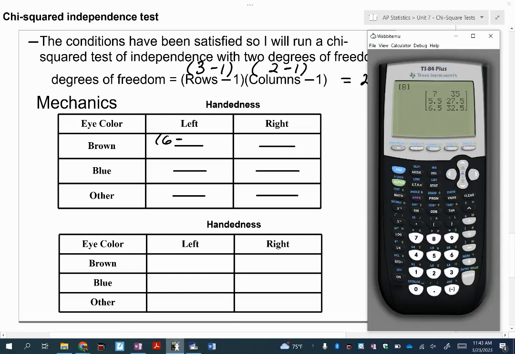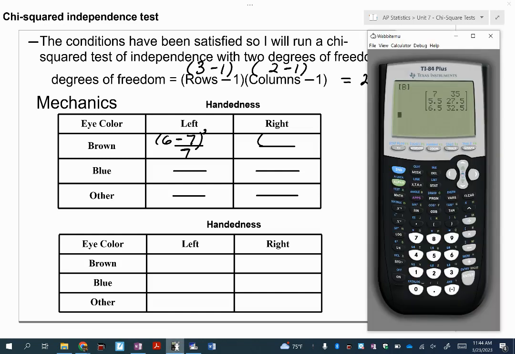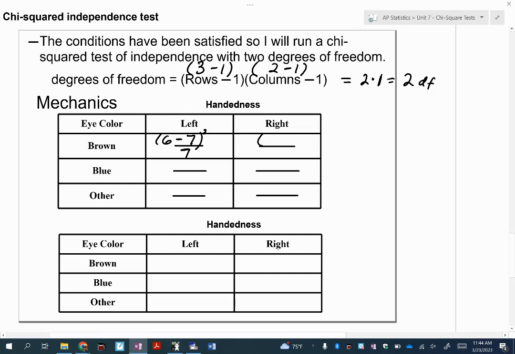6 minus 7. This is observed minus expected. Don't forget to square it over expected. So 6 minus 7 squared over 7. For right-handed, for brown eyes, it's 36 minus 35 squared over 35.